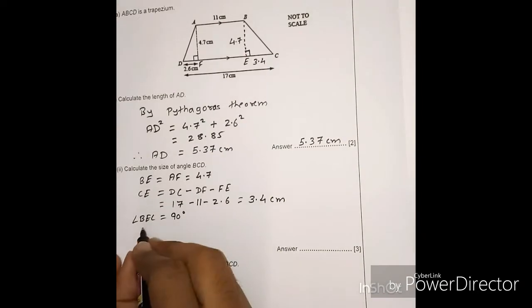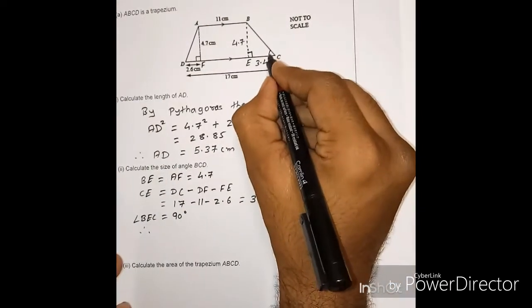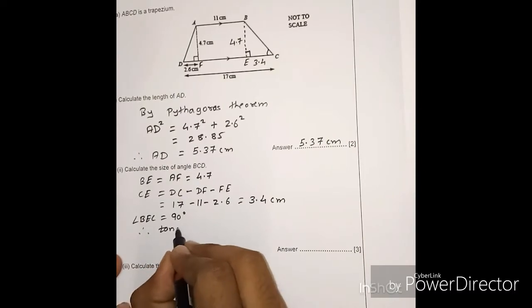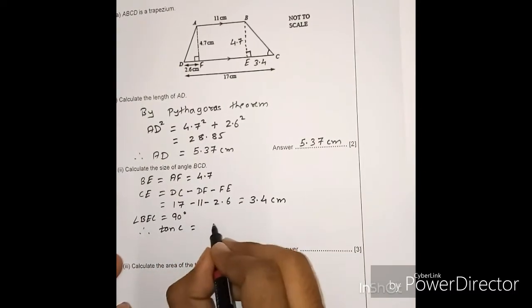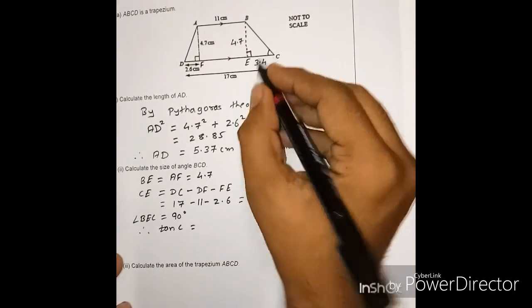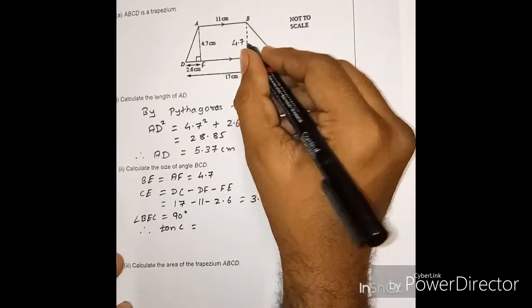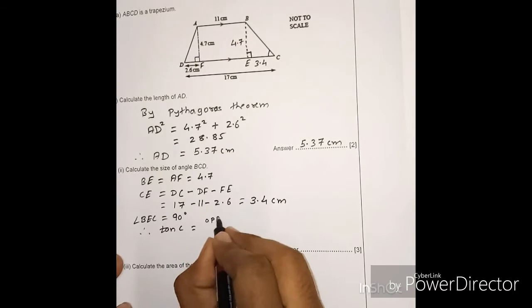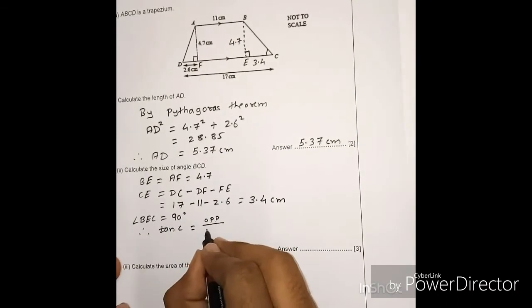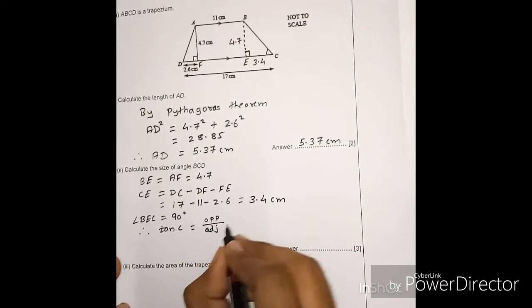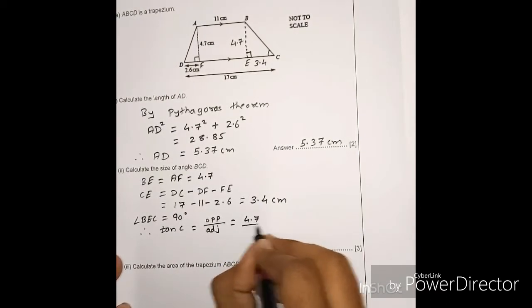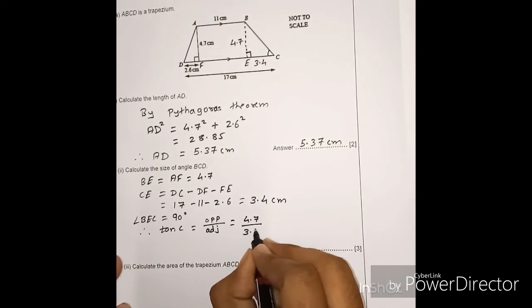So by applying the formula to get angle C, I will be applying the formula tan C is equal to opposite upon adjacent. As I know, by trigonometric function, it is opposite upon adjacent, which will be equal to 4.7 upon 3.4.